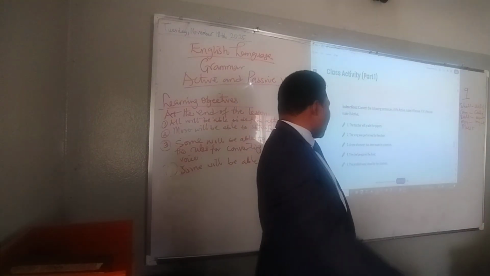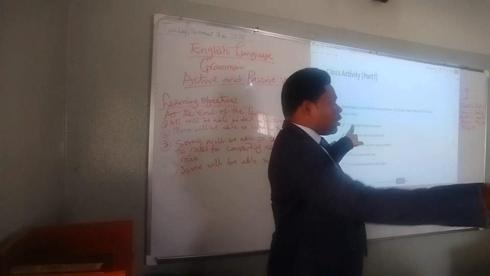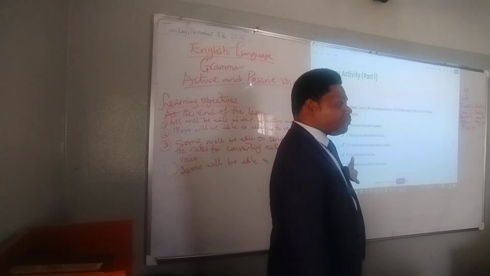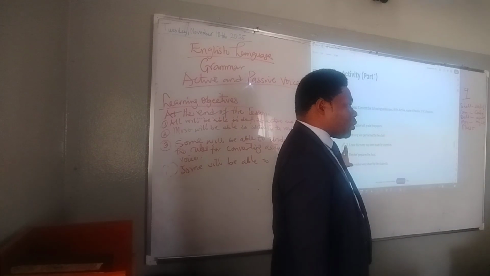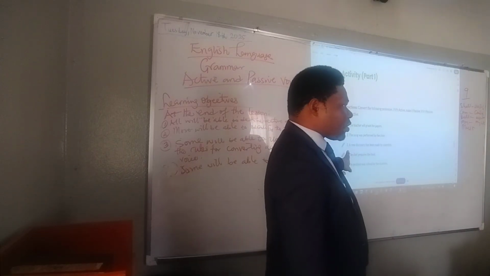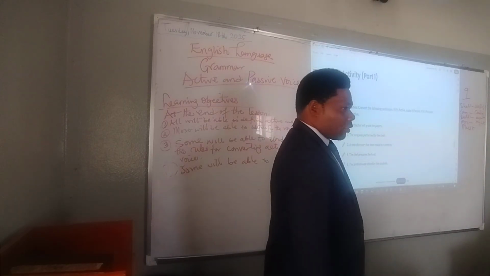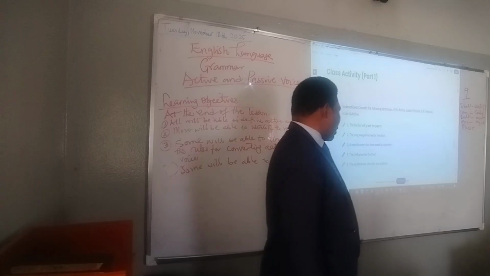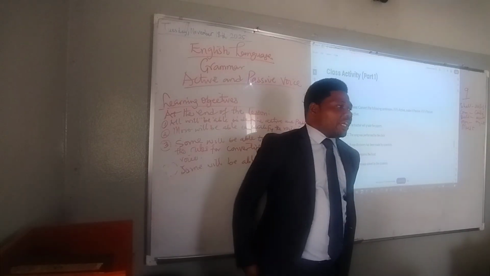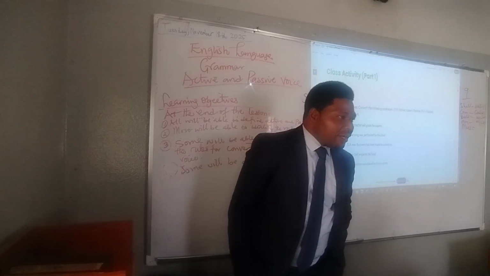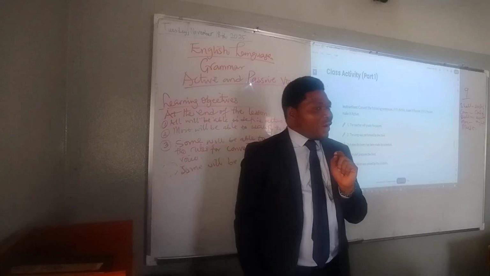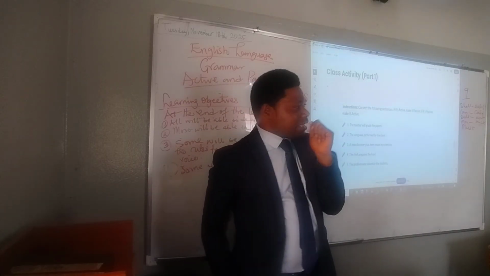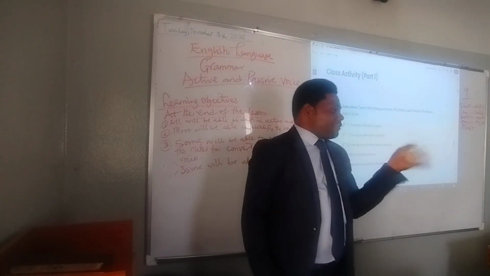Baby Leke will take number 1. Sitona will take number 2. Nathan will take number 3. Pamela will take number 4. Michael will take number 5. Okay, so let's go. You are going to just say your answer, then we are going to confirm your answer with the mark scheme after.